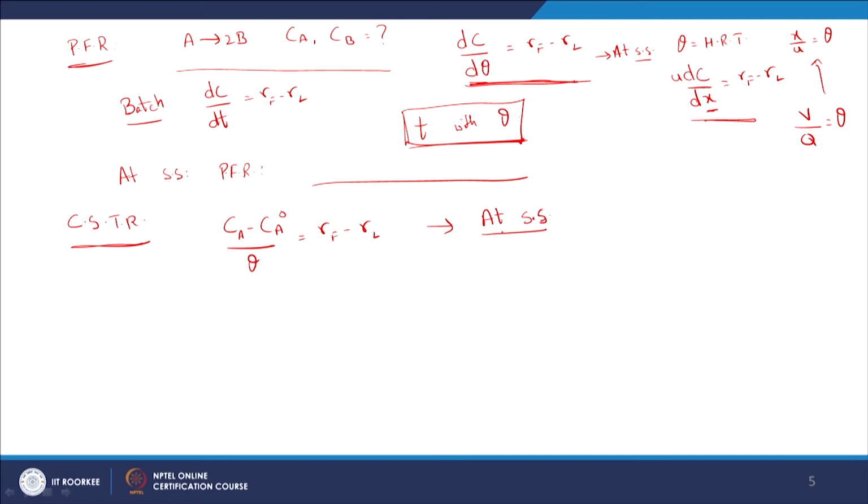So let us go on with looking at what we have here. Again we have A goes to 2B. If I am applying it on this particular case, (CA minus CA naught) by theta is equal to, is A being formed in any manner?